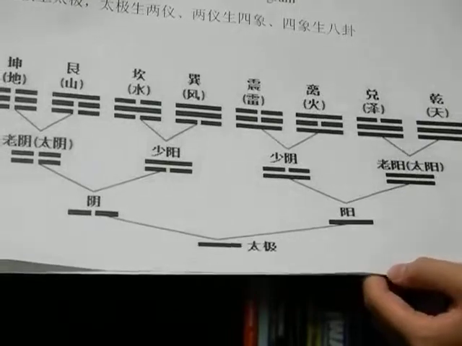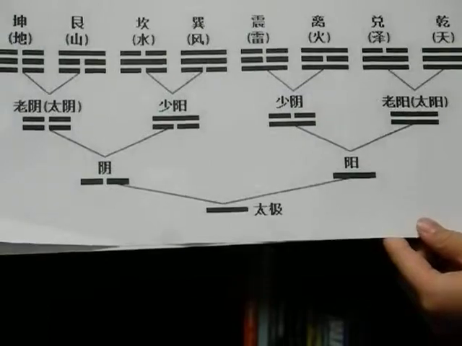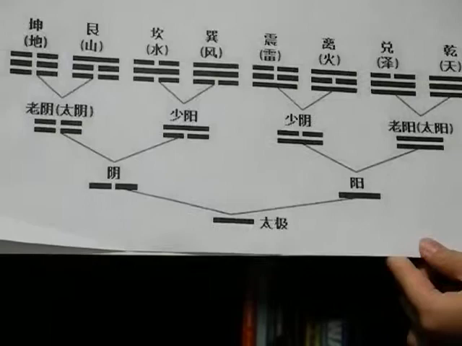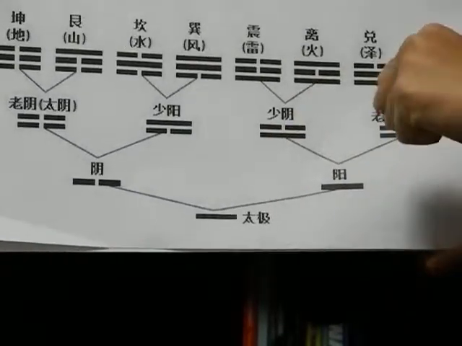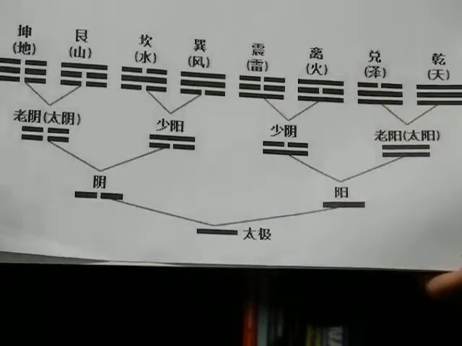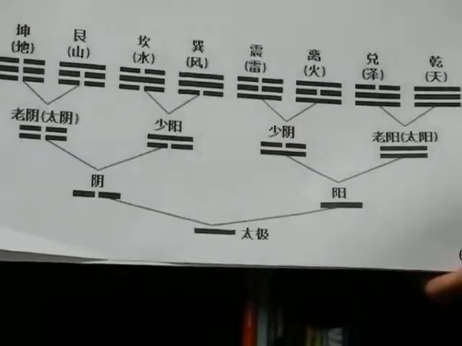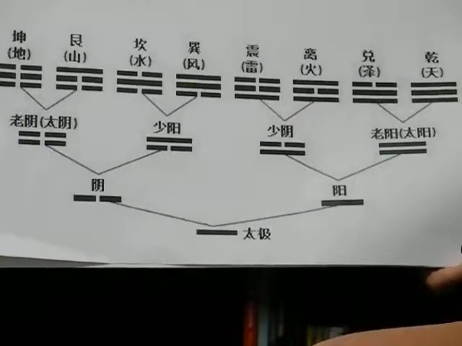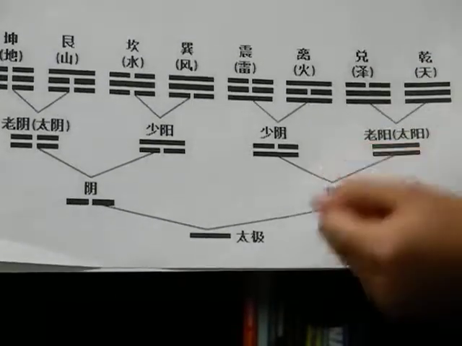If something has a lot of yin substance in it, we call it the extreme yin. But most of the time, the yang or yin is either a little bit to the yin side or a little bit to the yang side. Things that are a little to the yin side we call minor yin. Things that are a little to the yang side we call minor yang.